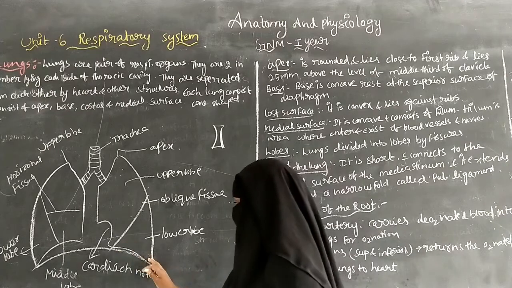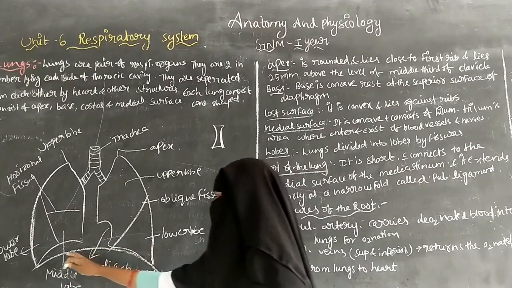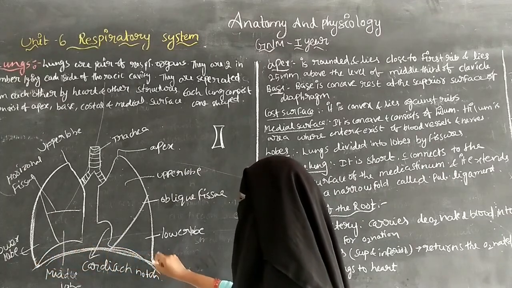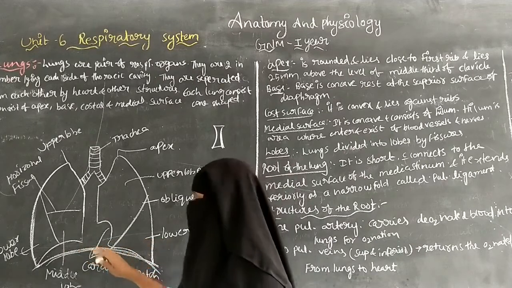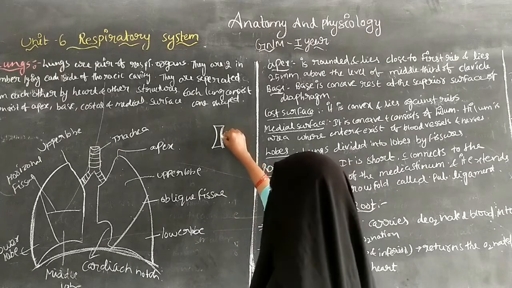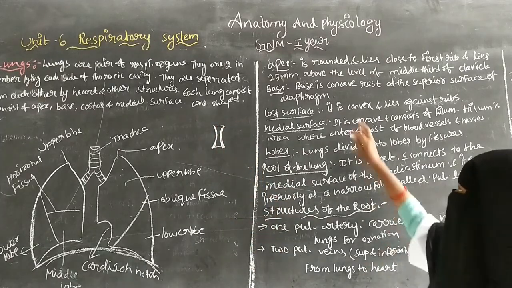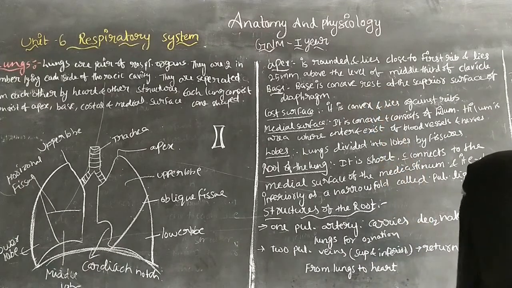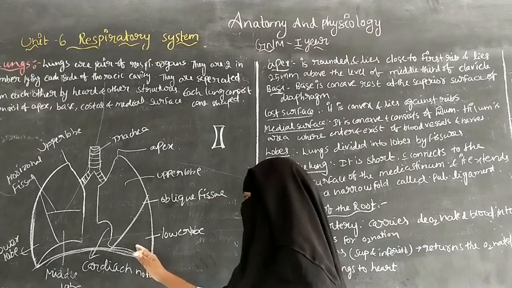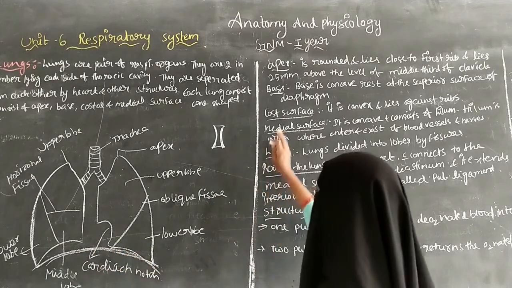So the base of the lung rests on the diaphragm, and it is concave. The base is concave and rests on the superior surface of the diaphragm. This is called the base.